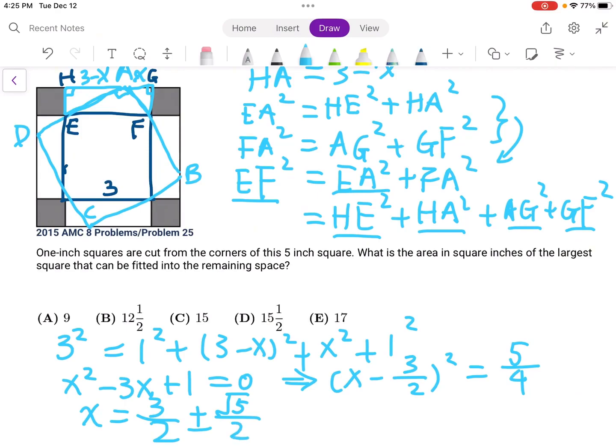So when x equals either of these two numbers, we do have a square, this light blue ABCD, that's larger than the center square and should be the answer we are looking for.